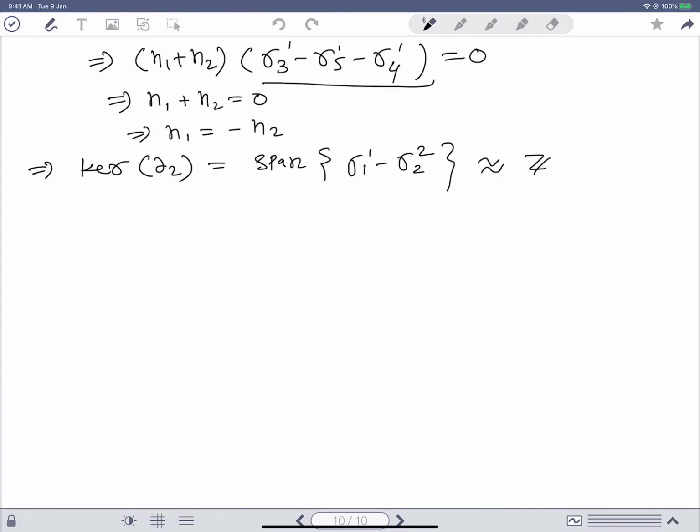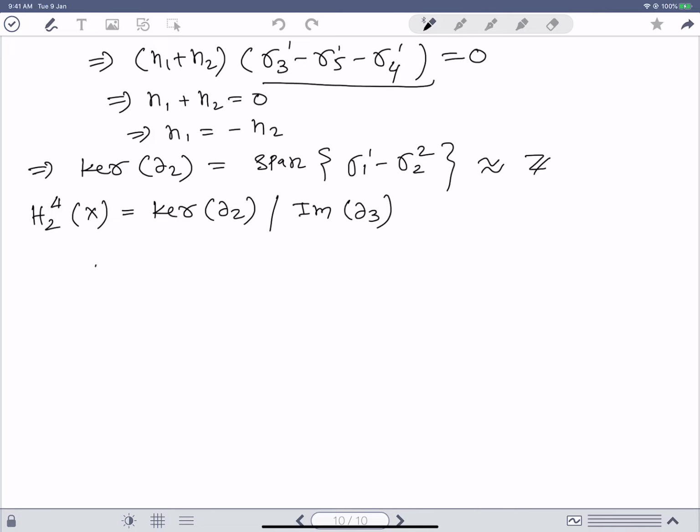Now what will be my H2 of X? So we know it is the kernel of delta 2 quotient with the image of delta 3. Now first of all we write what is my chain complex.